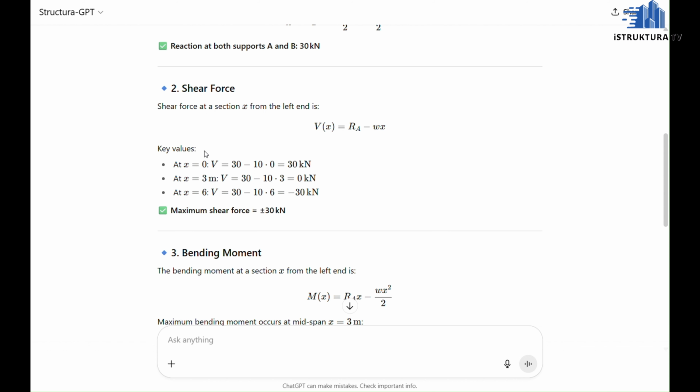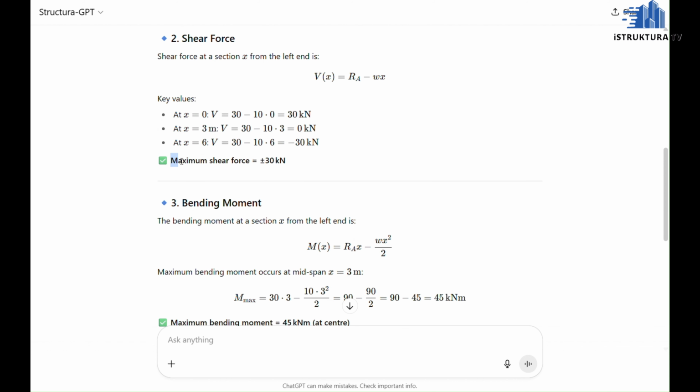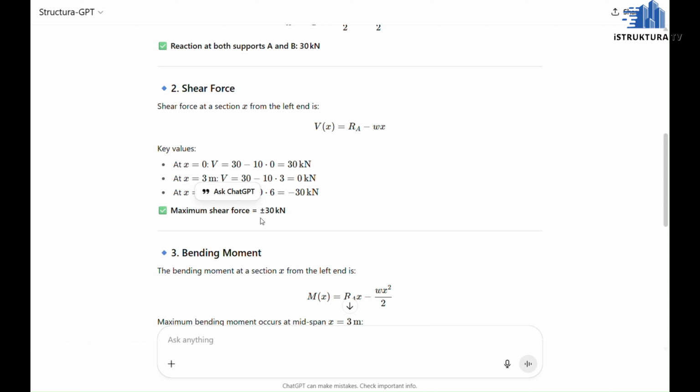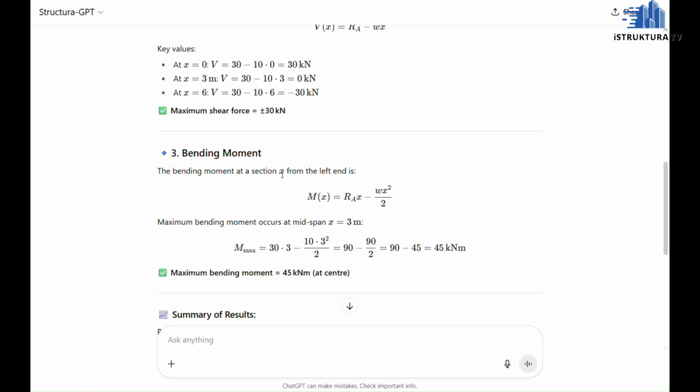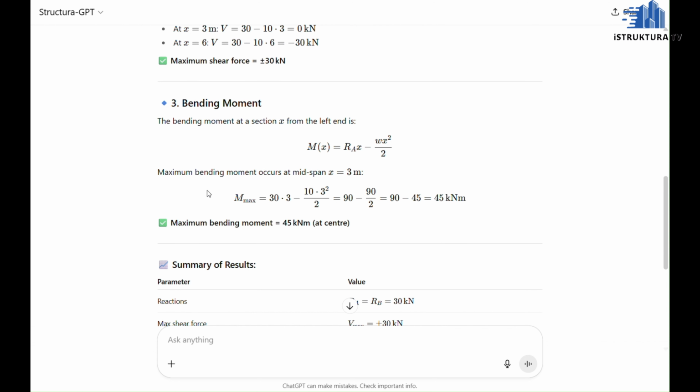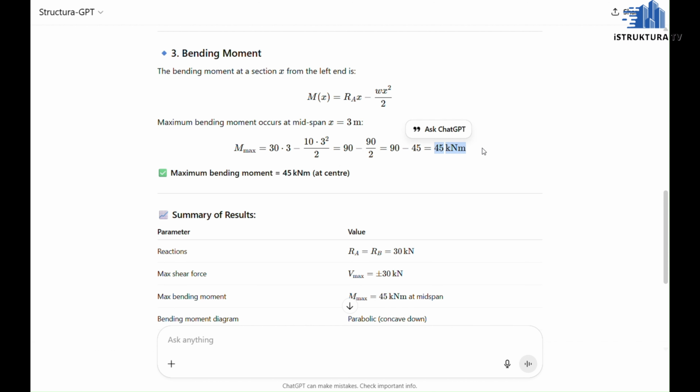Now for the shear force, same answer. It's plus minus 30, that's the direction. The maximum bending moment, of course, is at the midspan at 3 meters, which is 45.